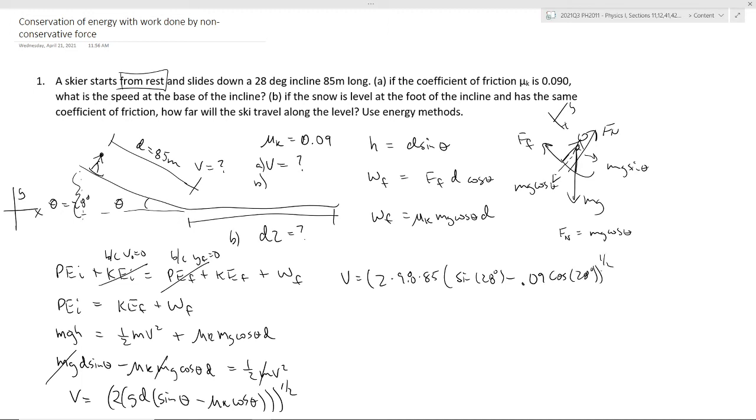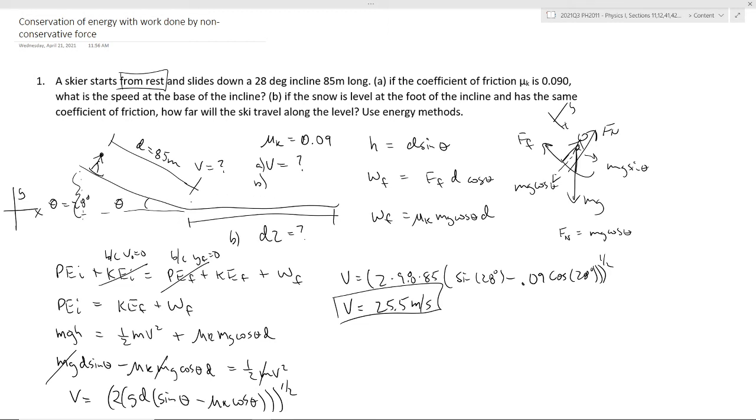Take the square root of that whole situation, and you would find that the speed at the bottom of the hill would be about 25.5 meters per second. So that's the first part of this question. And then we can think about what's happening for part B.